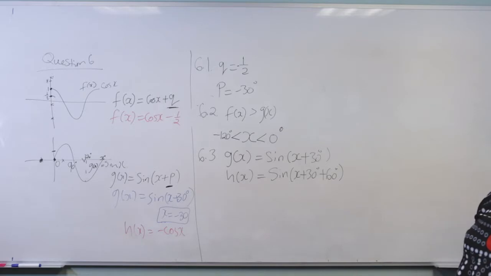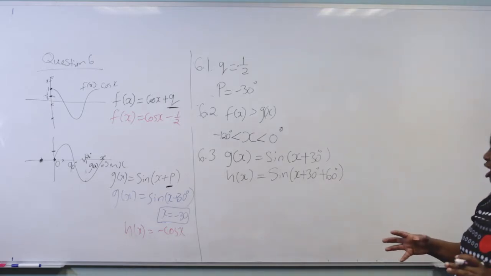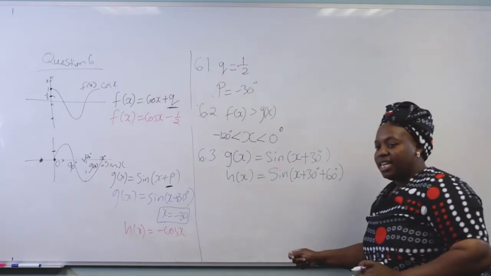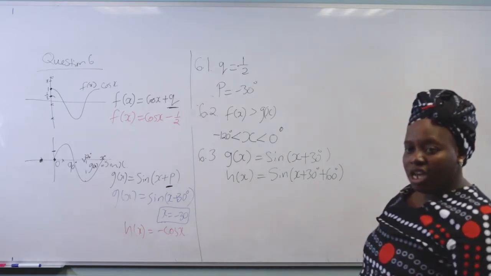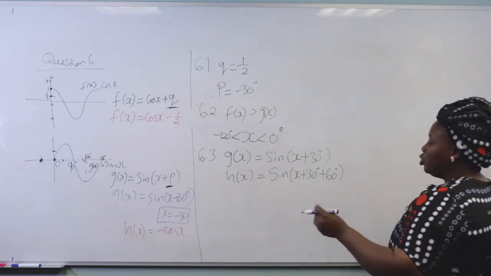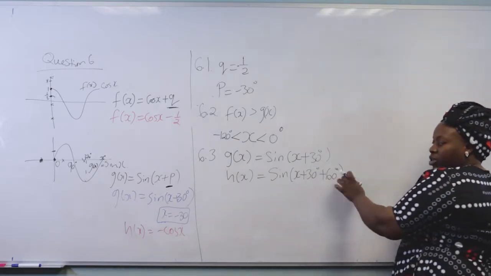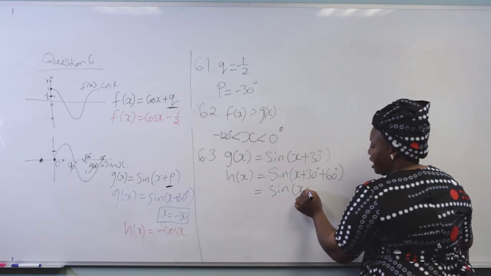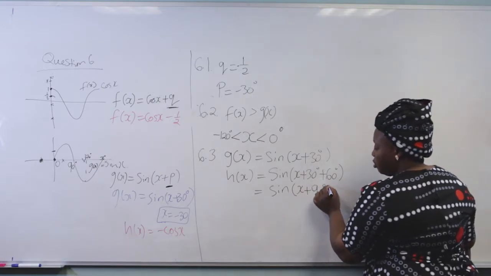So what is happening is that my graph has moved another 60 units to the left. From the 30 to the 60, it became 90. So this is going to be sine of x plus 90 degrees. And that's what we have.